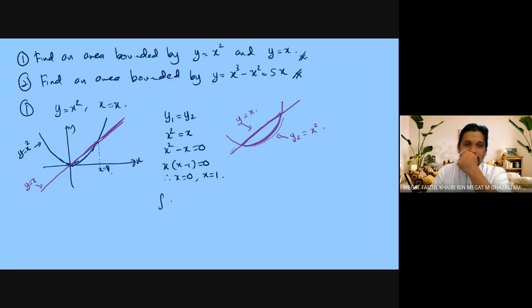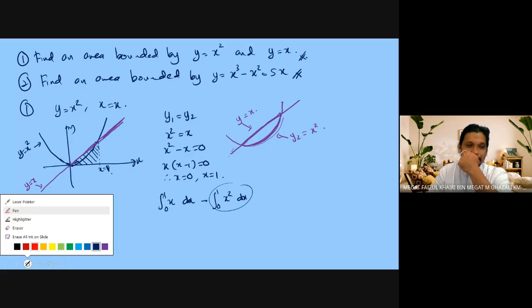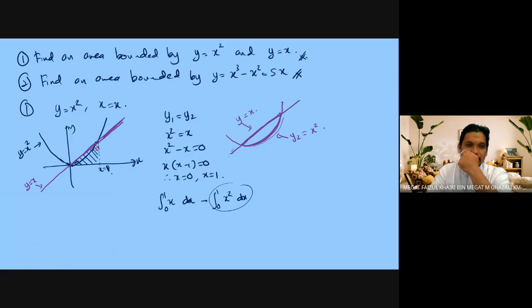The integral of y equal to x dx from 0 until 1 will give you the whole area, something like this. And then minus the integral of x squared dx also from 0 until 1, and this area is the area between the curve and the x-axis.